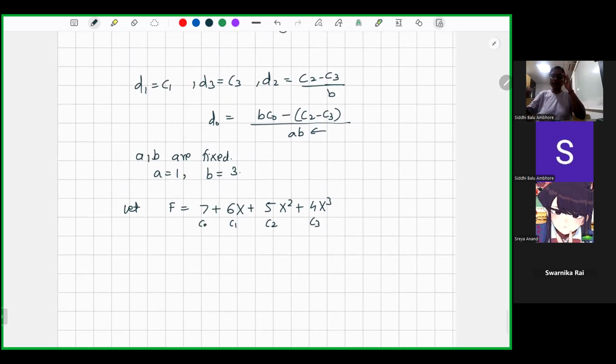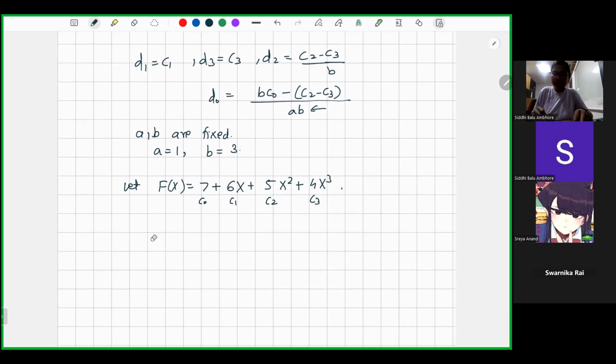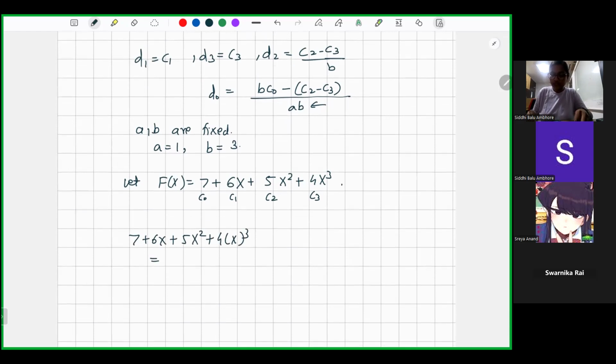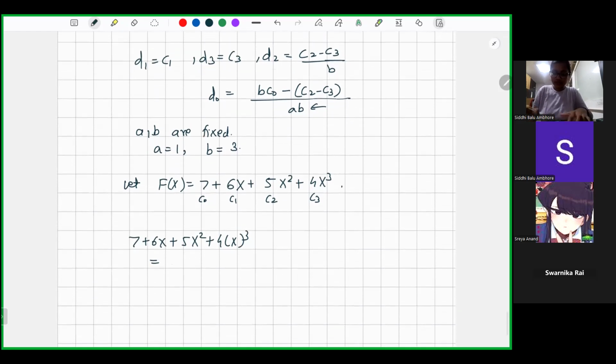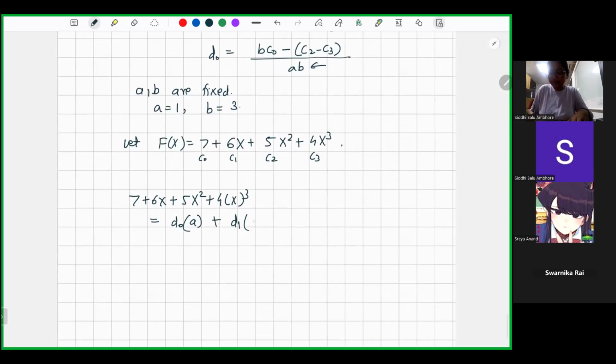So if I want to write this polynomial f of x of degree 3, that is 7 plus 6x plus 5x square plus 4x cube, in terms of my basis, taking a and b to be 1 and 3, it is d naught into a, plus d1 into x, plus d2 into b x square plus 1, plus d3 into x square plus x cube, right?